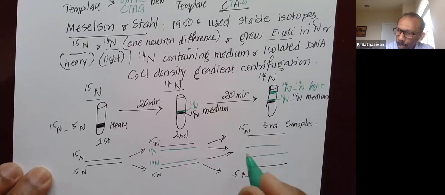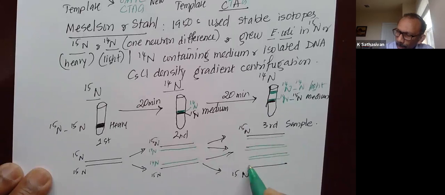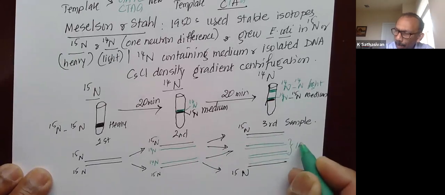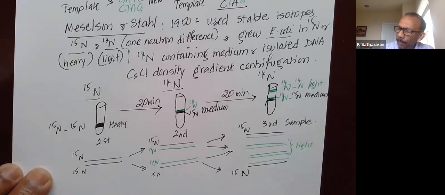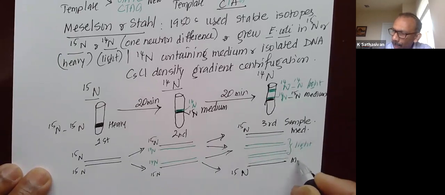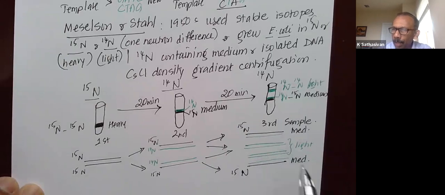So here, the new strands that are going to be made will be N15, N14, N14, N14, N14, N14, N14, and N15. So you have 50% of them that are going to be the light density band, and this is going to be a medium density band. This is going to be a medium density band. That's 50%. That is how they showed that this is semi-conservative. It's not conservative or dispersive.